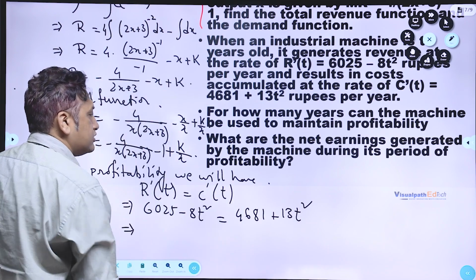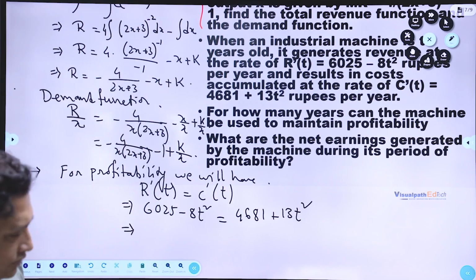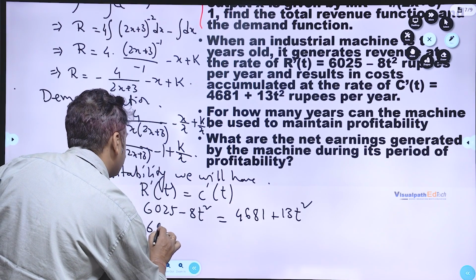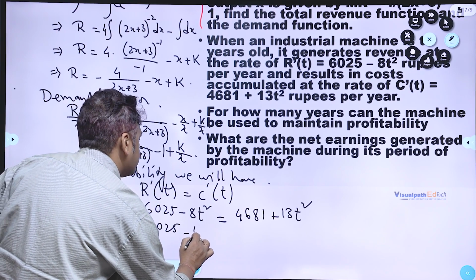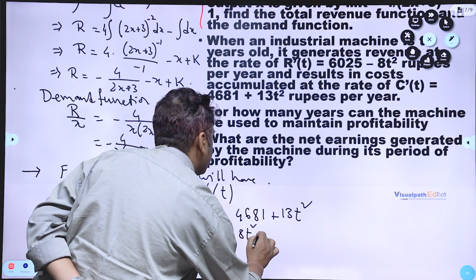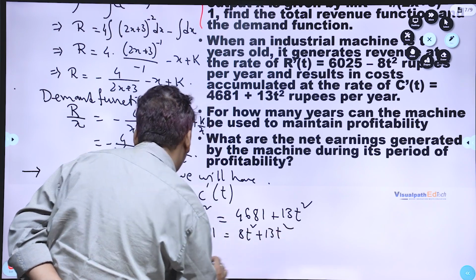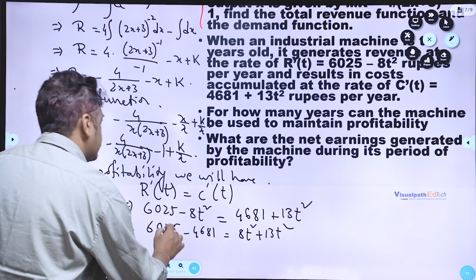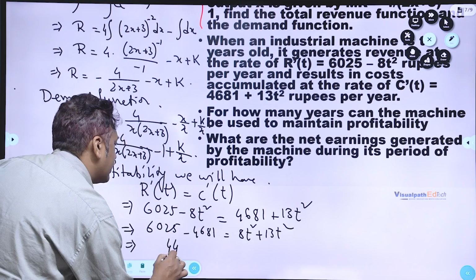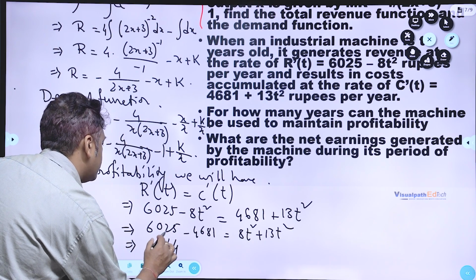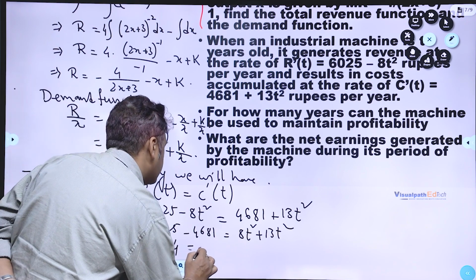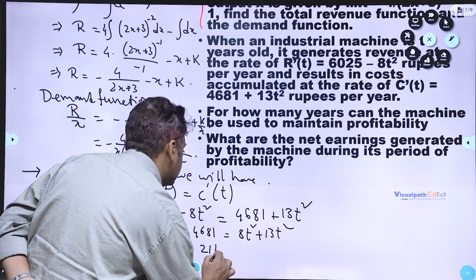This implies, if I shift, 6025 minus 4681 is equal to 8T square plus 13T square. This will give us 4, again, 3 and 1, is equal to 21T square.